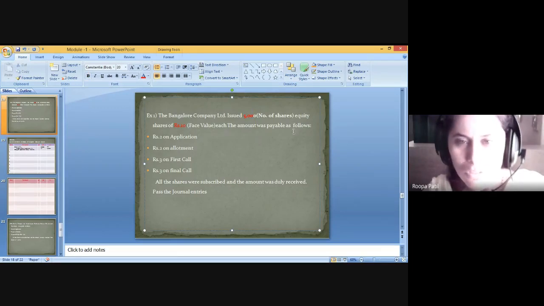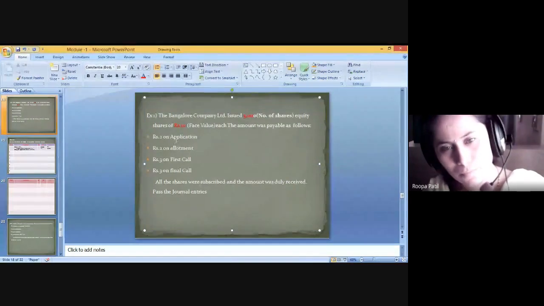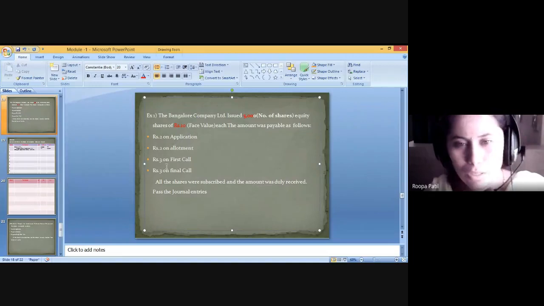The amount was payable as rupees 2 on the application, rupees 2 on the allotment, rupees 3 on the first call, rupees 3 on the final call. So 2 plus 2 plus 3 plus 3 is equal to 10. When it is equal to 10, then the question is correct, because the face value amount is distributed through the application, allotment, first call and final call.